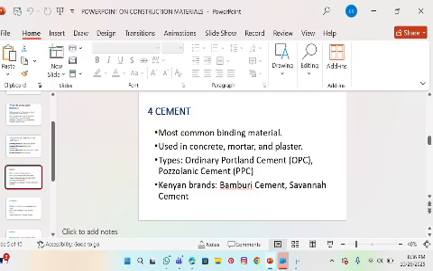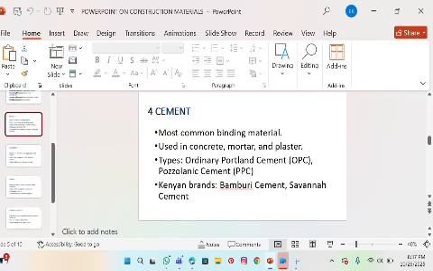We have different types of cement, that is the ordinary Portland cement and the pozzolanic cement, which is the one that we use in the normal construction site. But when you go to other projects like bridges or railways, or water transport, we use different categories of cement. And in Kenya, we have the Kenyan brands, that is Bamburi Cement and Savannah Cement. Let's go to another slide.